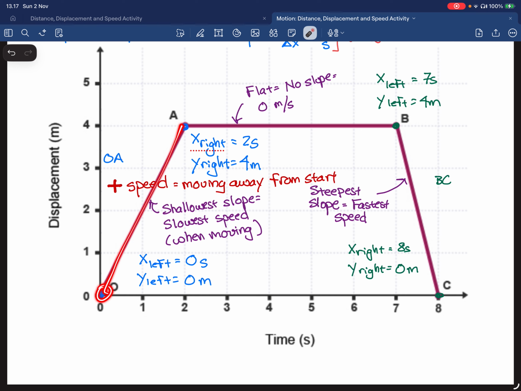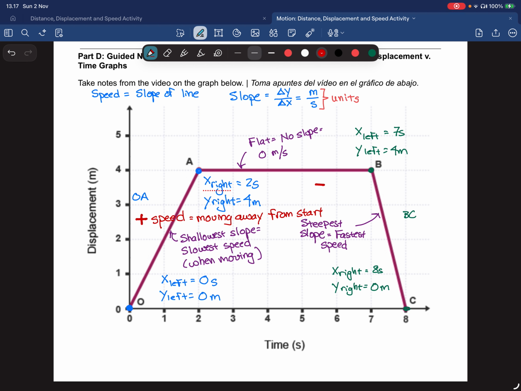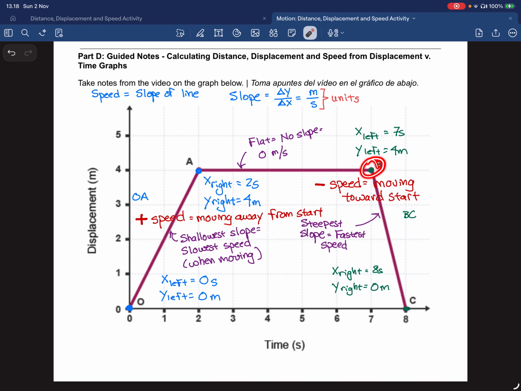So you start at 0, you go to 4, that's positive speed. Over here, you have a negative speed, which means you're moving toward the start. So you're at 4, going back to 0.